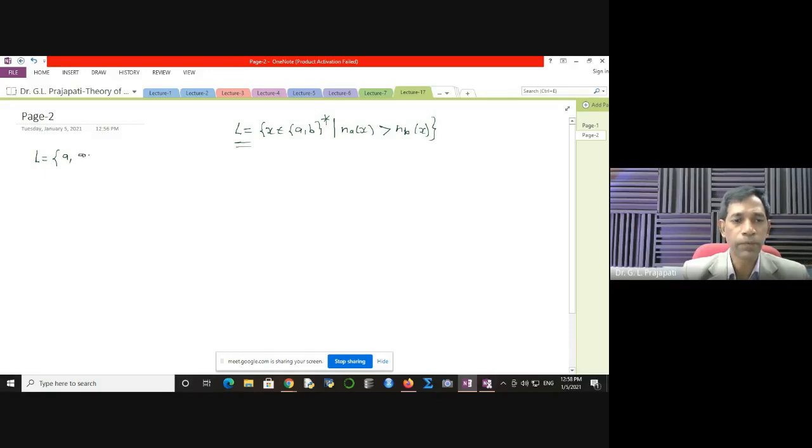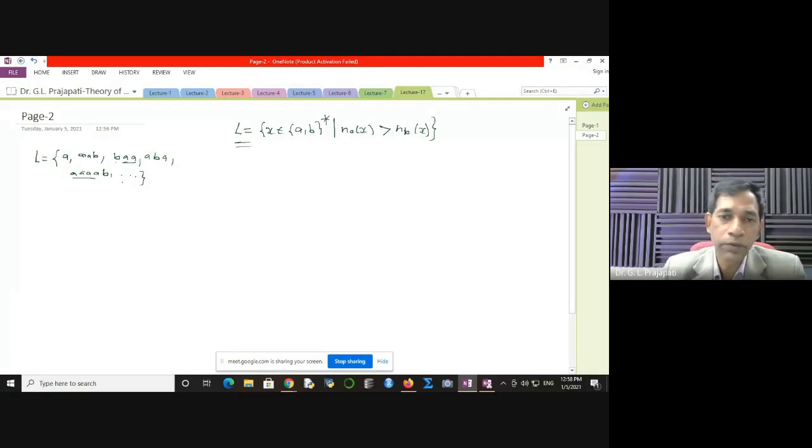You can have AAB, this is also a valid string, or BA, or ABA, these are also valid strings. Why is it so? Because the number of A in this string is more than the number of B. You can also have this valid string, number of A is more than number of B. So these are the sentences of this language.